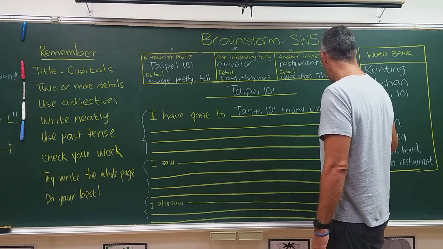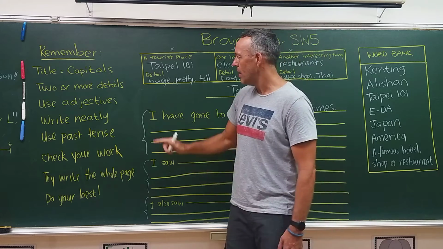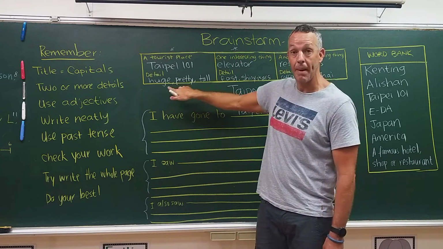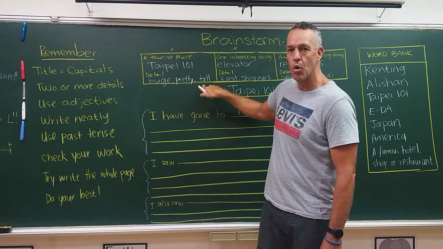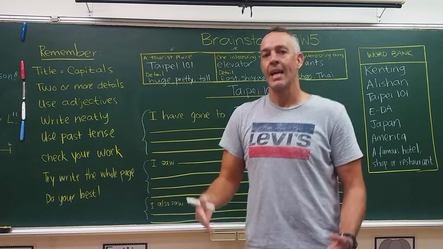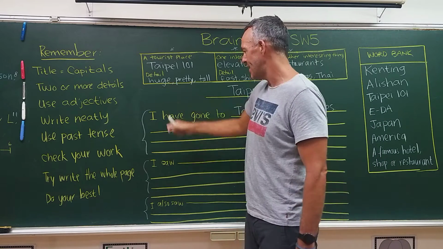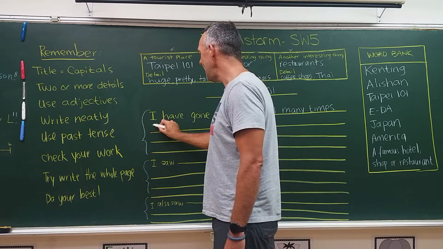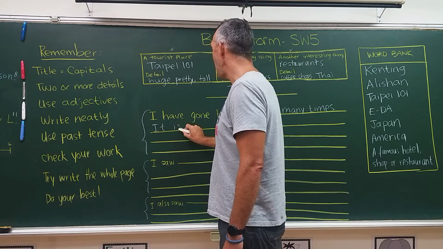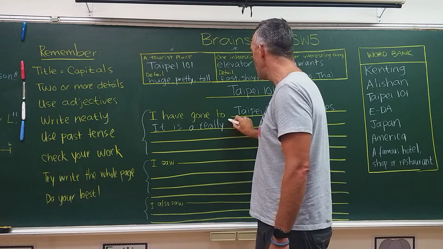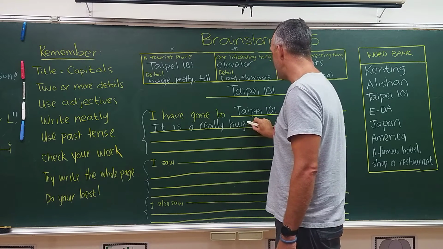Now, once you've got your introduction sentence, then you can start adding in your details. So mine are huge, pretty, and tall. So I'm going to make sentences about the Taipei 101 building using my details. So I can say, it is a really huge building!